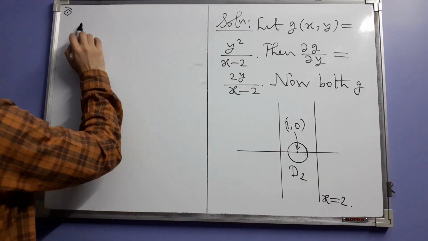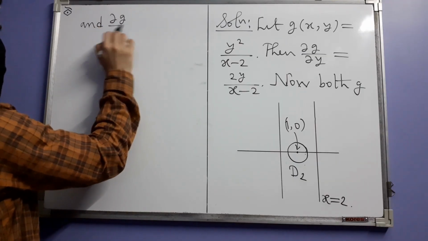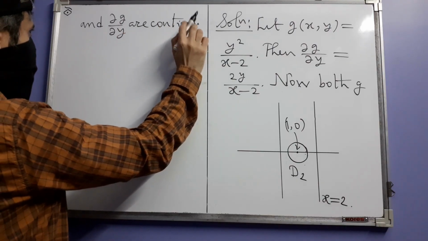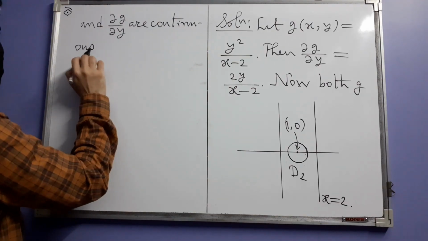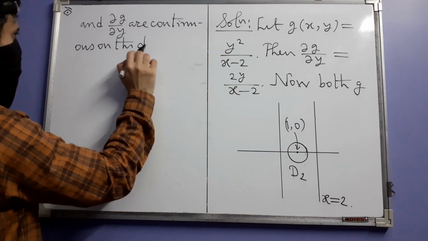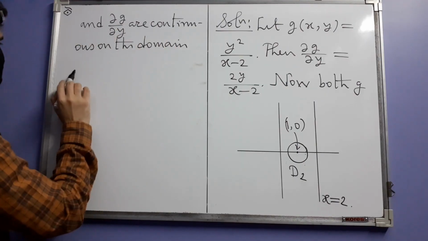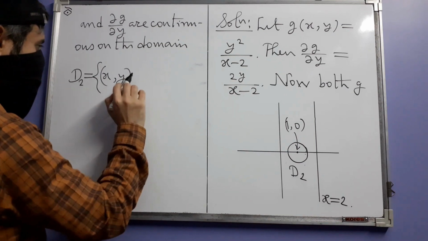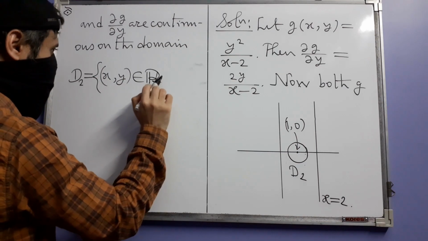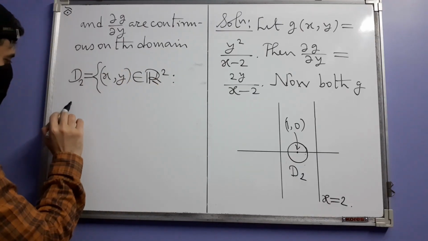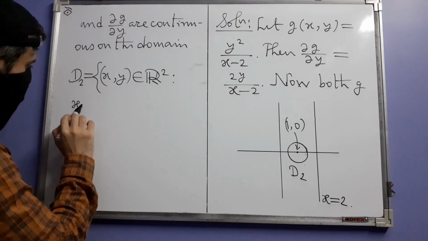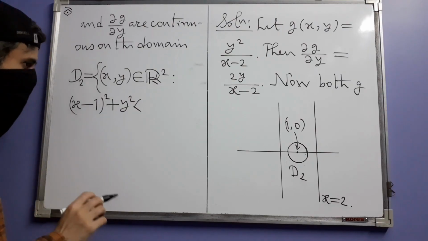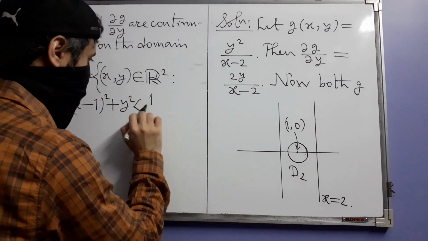G and del G del Y are continuous on the domain D2. So we want the radius to be 1 over 2.